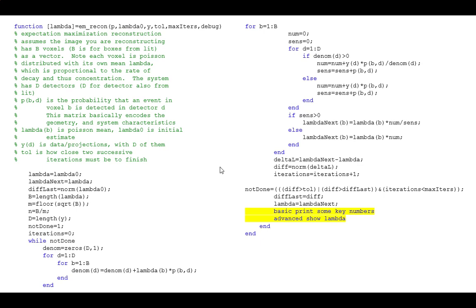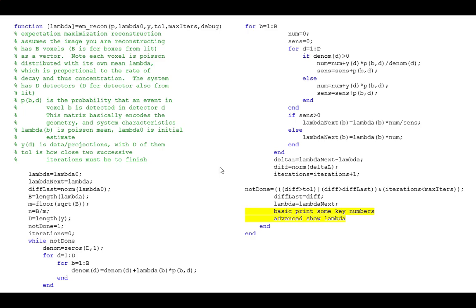After you've done all that lovely stuff, we want a little bit of debugging. So I want two different conditions. I want a basic one that'll just print some key numbers, like what is my difference and what's my particular iteration.